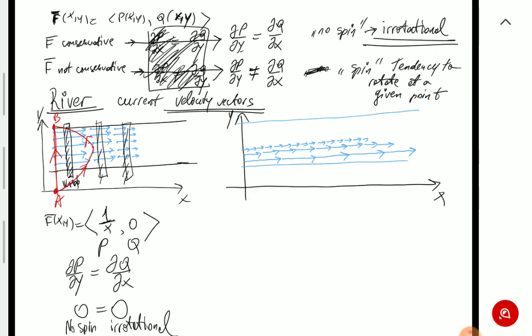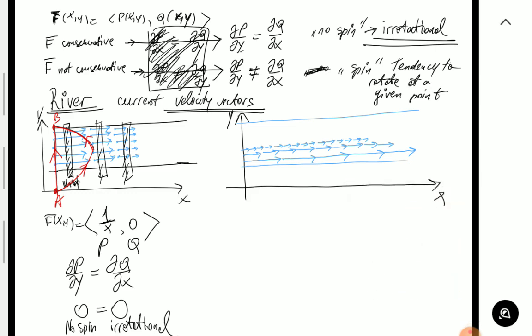But whatever energy you gain when you get to the middle of the river, exactly the same amount you're going to lose as you swim back to point B, because those vectors are now against you. So the components along the motion path are against the direction of motion. Again, the net energy expenditure that you extract from or give to the vector field is zero.